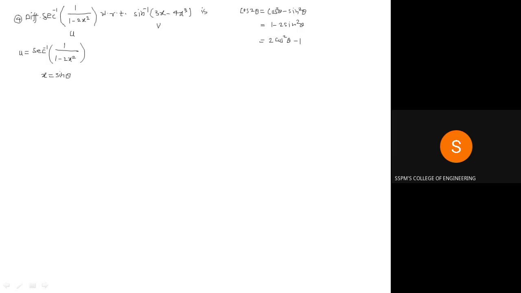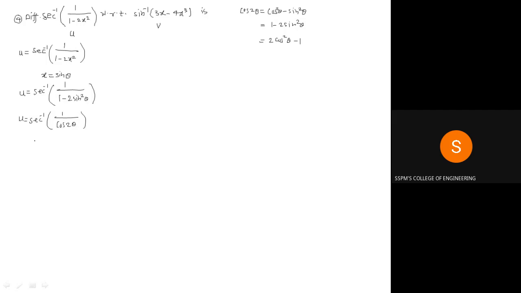So when you substitute there x is sin theta, it will be sec inverse of 1 upon 1 minus 2 into sin square theta. So u is equal to sec inverse of 1 upon 1 minus 2 sin square theta. So 1 minus 2 sin square theta is cos of 2 theta. So 1 upon cos 2 theta.